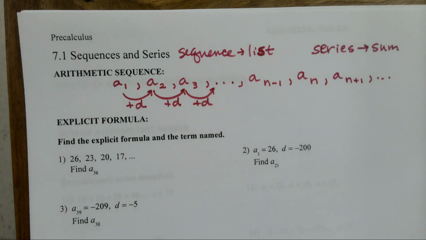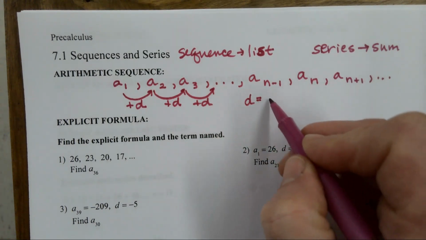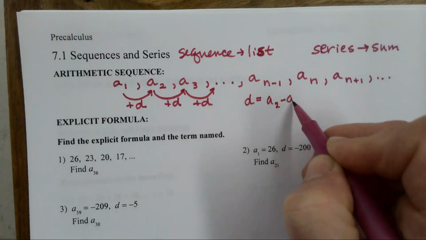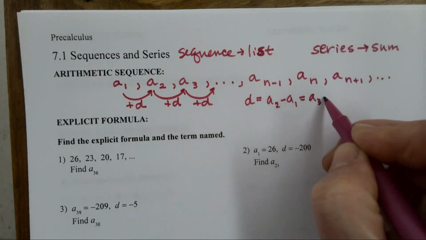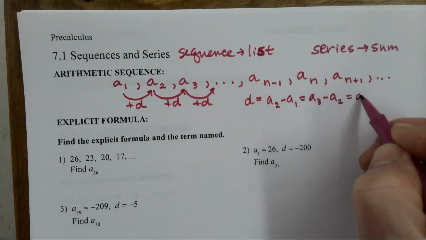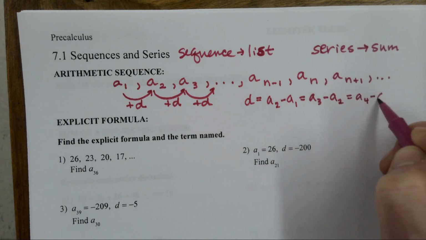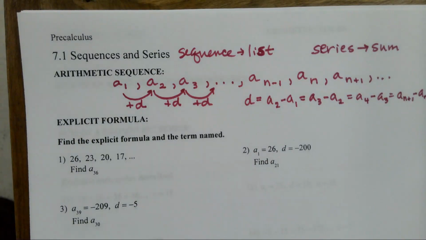It's talked about as a common difference because the D is found by taking the second term minus the first term, which should match the third term minus the second term, which should match the fourth term minus the third term, which should match the n plus 1 term minus the nth term. I can go on and on forever, but that's how I can find my common difference if I don't see it right away.